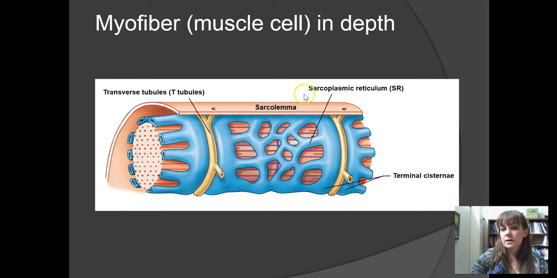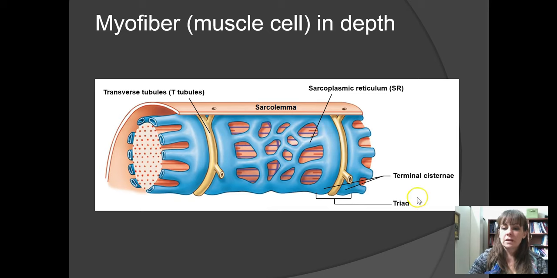Now, the part of the sarcoplasmic reticulum that runs up next to a T-tubule, so here's our T-tubule in yellow, here's sarcoplasmic reticulum in blue, the part that is right next to the T-tubule is called the terminal cisterna. So it's a part of the sarcoplasmic reticulum, but it also happens to be next to the T-tubule.